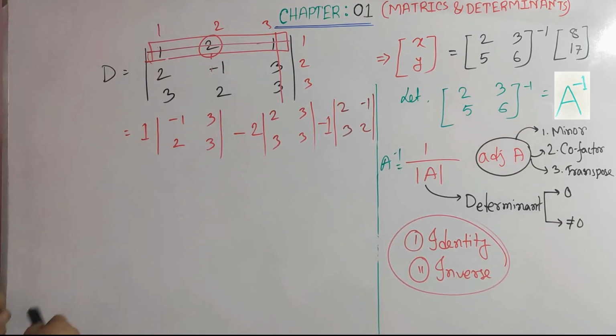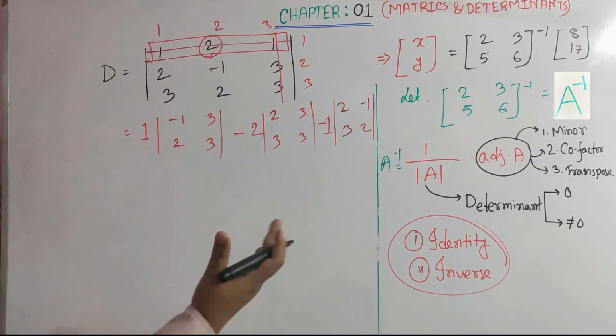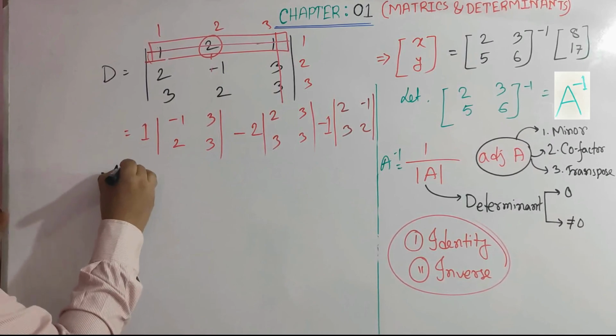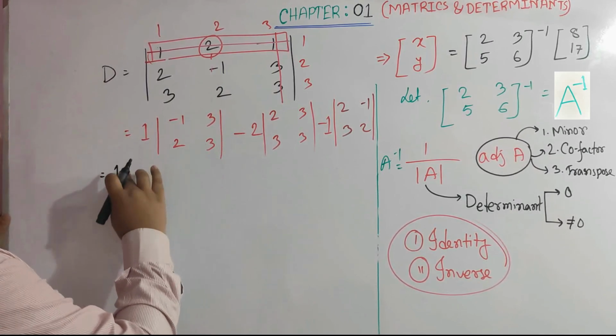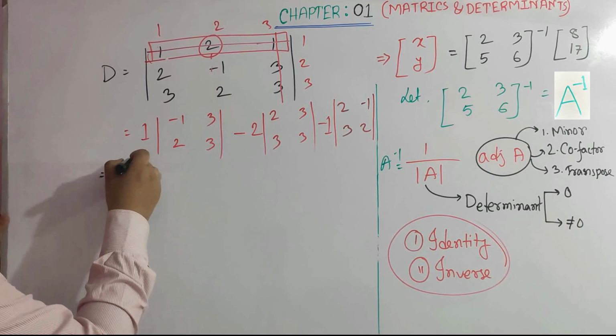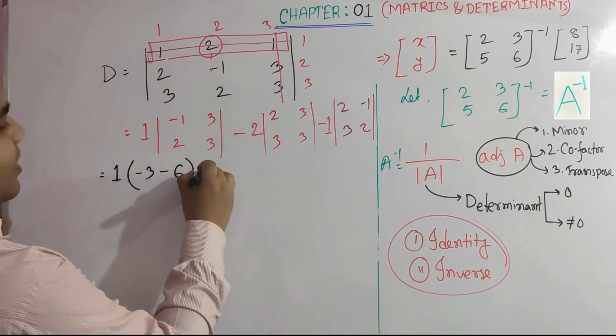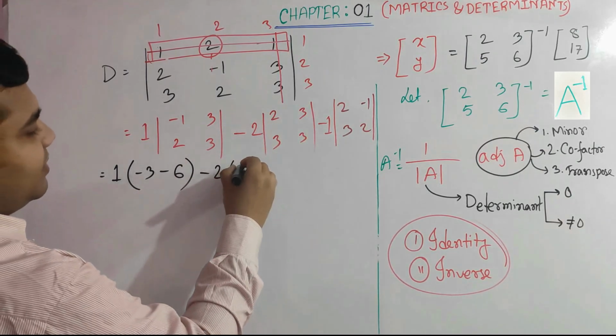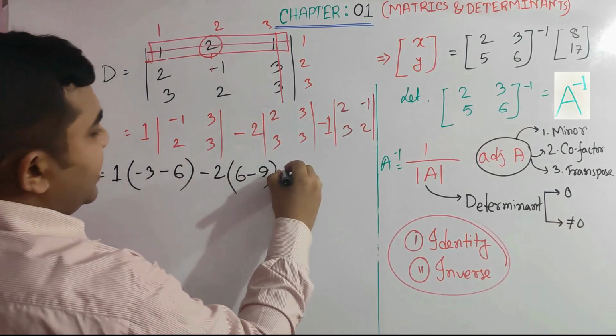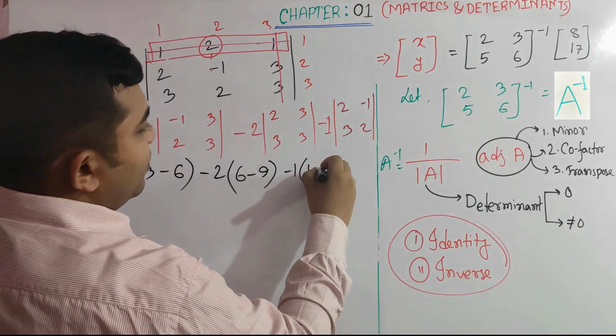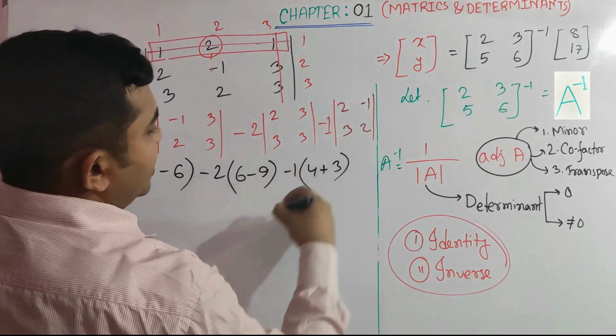How can we multiply 1 into something, it will obviously be 1. So -1 into 3 should be -3. 2 into 3 is 6, 6 minus 3 into 3, 9, so -3, and -2 is there. 2 into 3, 6 minus 3 into 3, 9. -1 is there. 2 into 2, 4, -1 plus 3 into 1, 3.